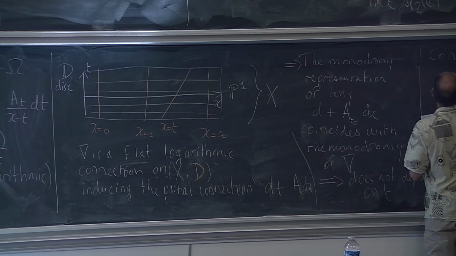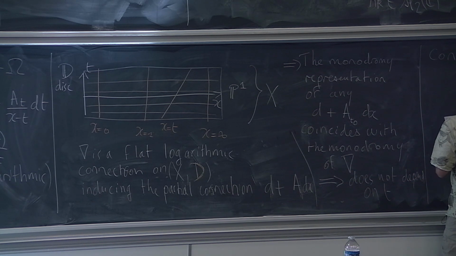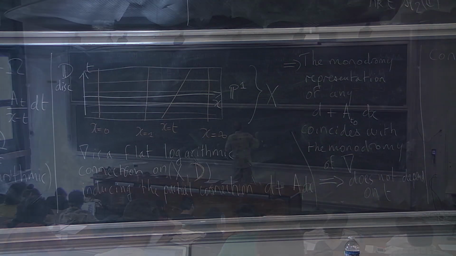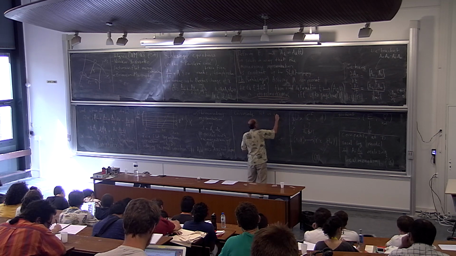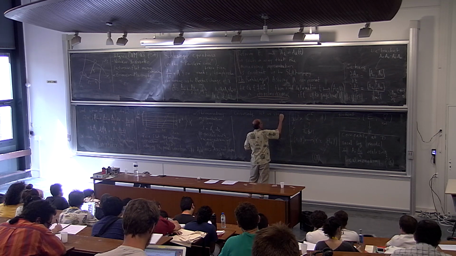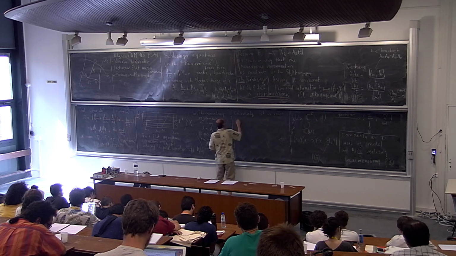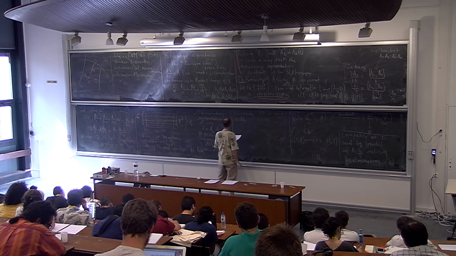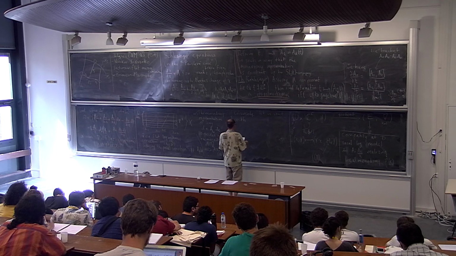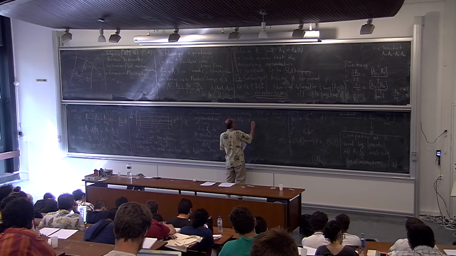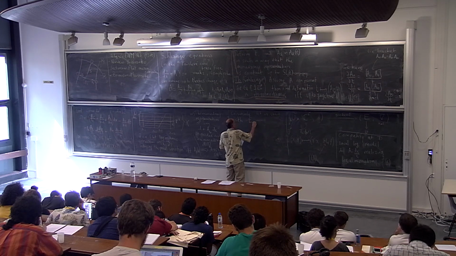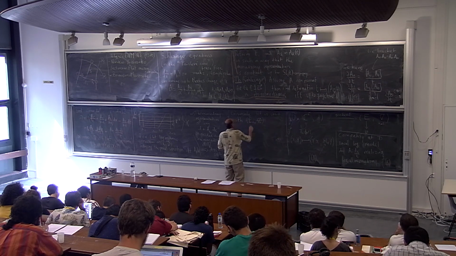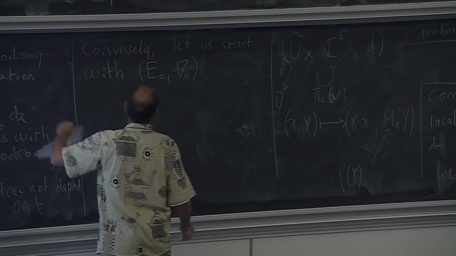Conversely, let us start with, let's say, I have some T0, some E0 nabla 0, which is a connection like this.